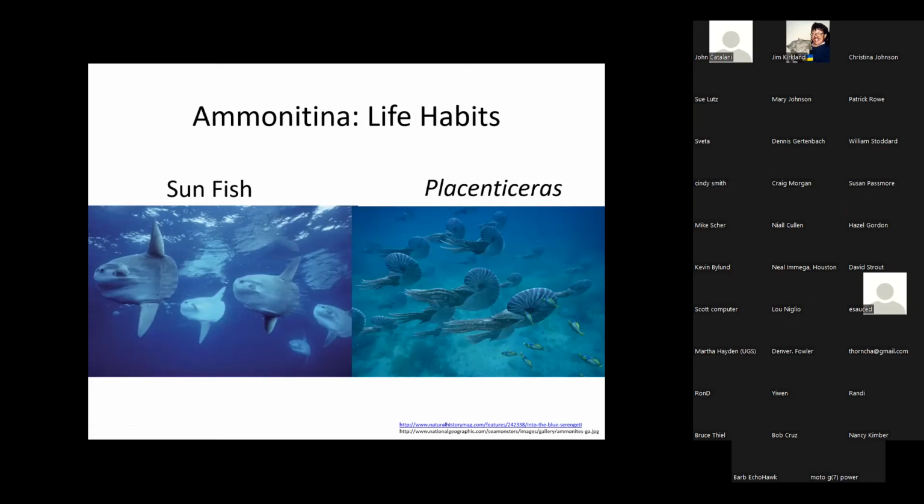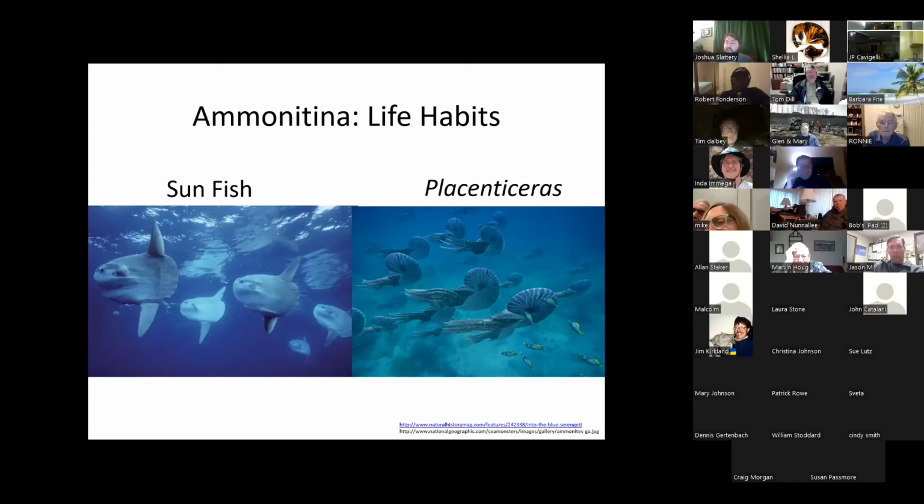Sunfish are a compressed fish that eats gelatinous organisms, like jellyfish, small fish, small vertebrates, squid. They look very similar to Placenticerus. So we think, because of what we can find out from the jaw structure and the isotopes, that they had a similar ecology to modern sunfish. So sunfish probably have a similar role ecologically to the Ammonitina.